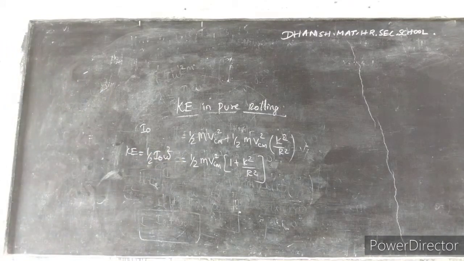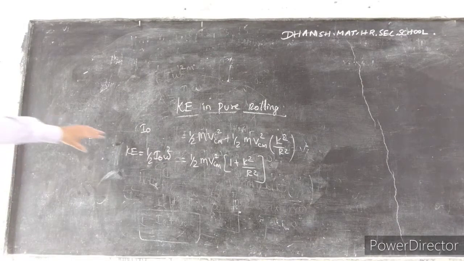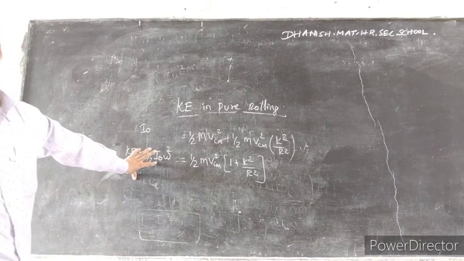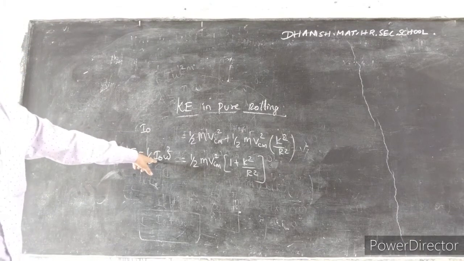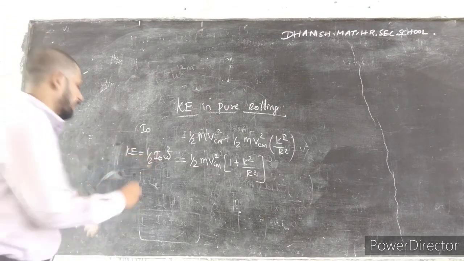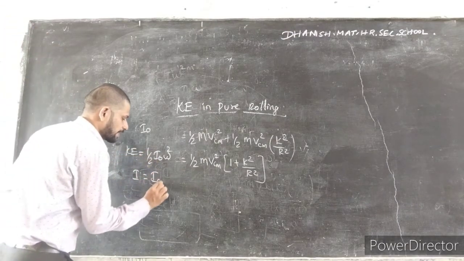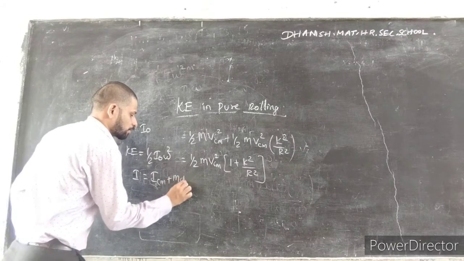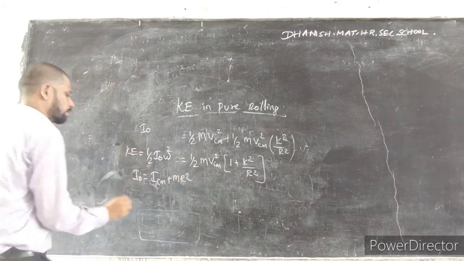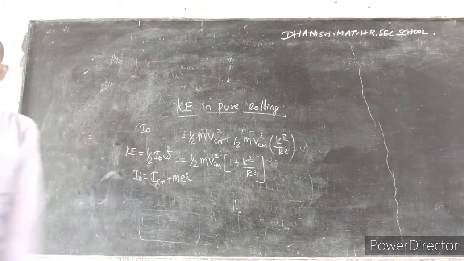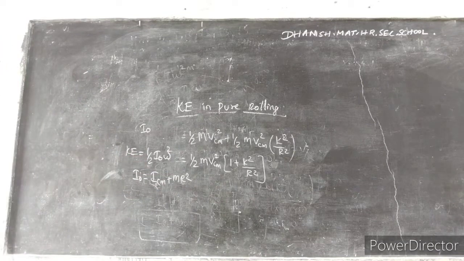Now substituting I naught, according to the parallel axis theorem, I equals ICM plus m d square. Here we have only r square, so I naught equals ICM plus m r square.